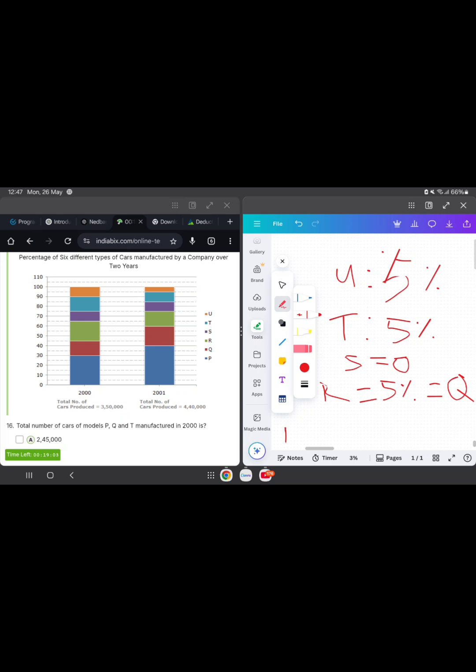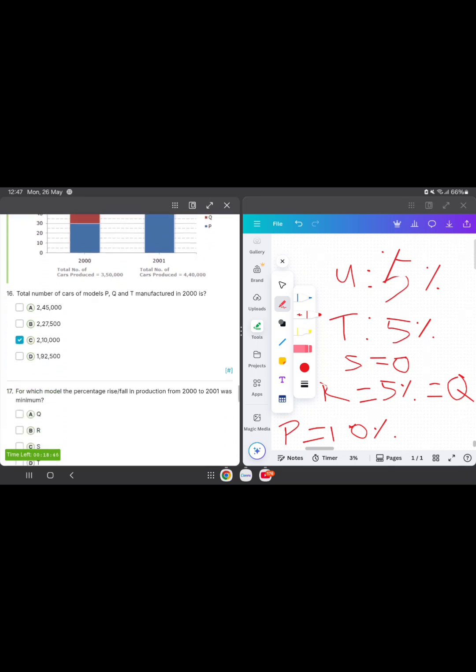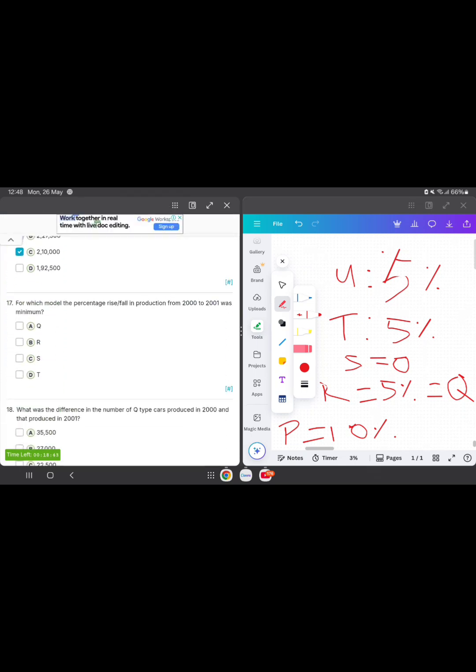Then for P, which has to be the highest, it is from 30% to 40%, which is a 10% increase. So this one is the highest, since the other ones are either 0 or 5%. We don't have P as the option. The question says for which model it was minimum, and the minimum we can see is S with 0%.